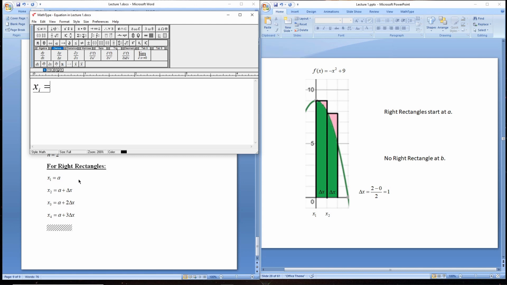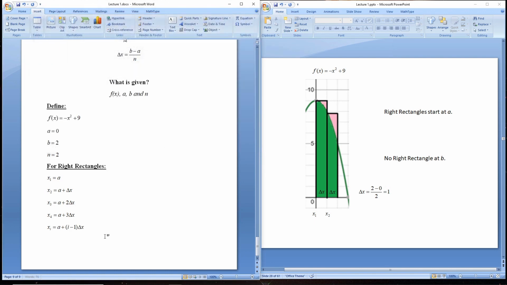They all start with a. And again, notice 4 goes to 3, 3 goes to 2, 2 goes to 1, 1 goes to 0. And so this gives us an expression that is i minus 1. So when i is 4, we get 3. When i is 3, we get 2, and so forth. And this is what's being multiplied by delta x.